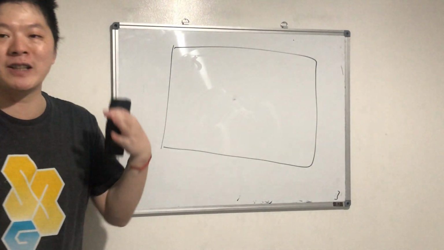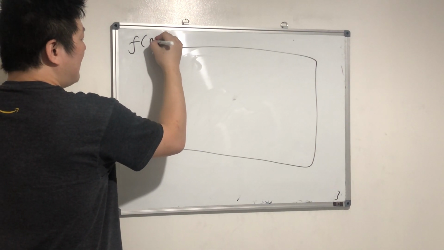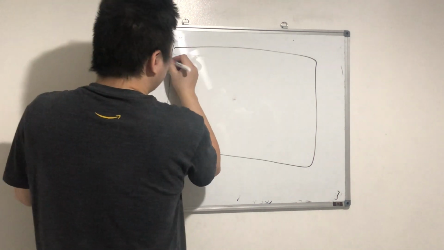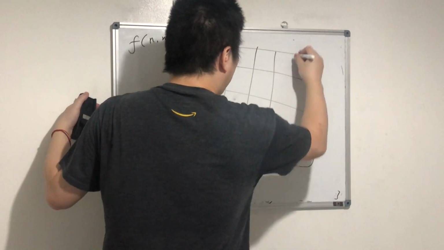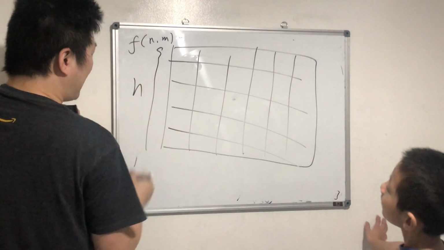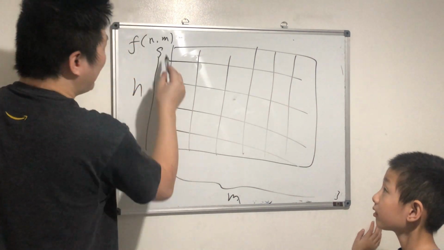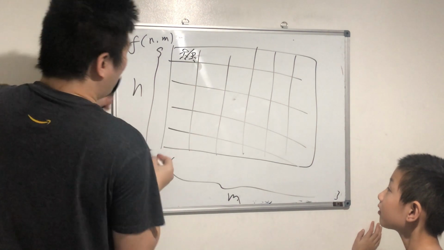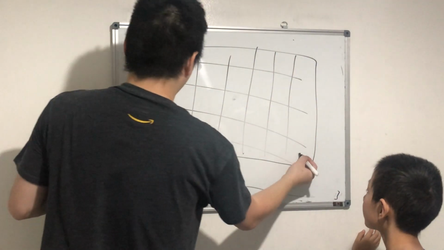Suppose I already give you the answer of f, where n and m are the number of squares. Suppose there are n squares this side and m squares this side, and you can use this function to tell me the number of ways for Eric or Ryan to go from the top left corner to the bottom right corner is f(n, m).